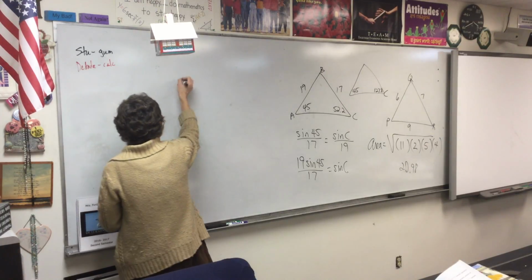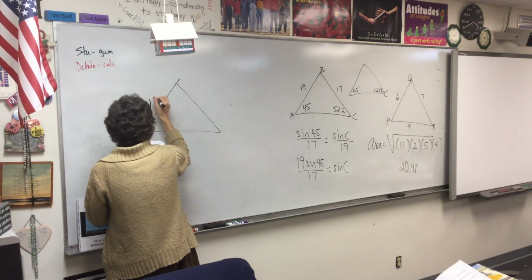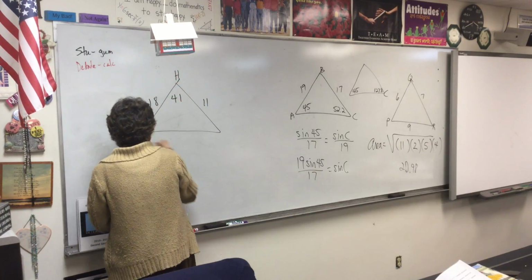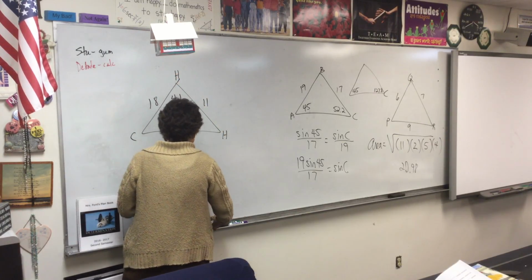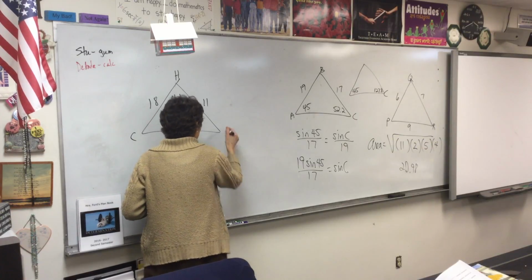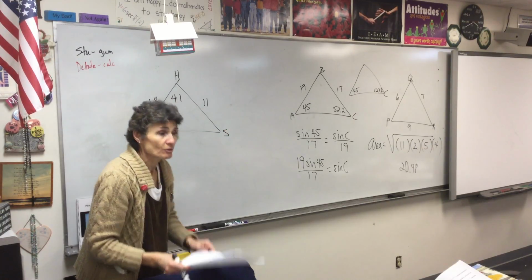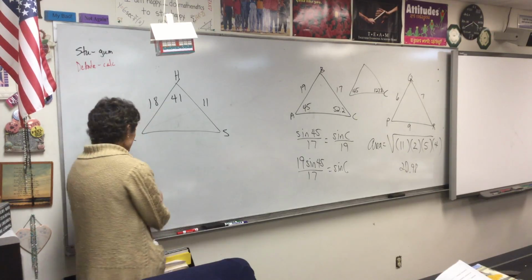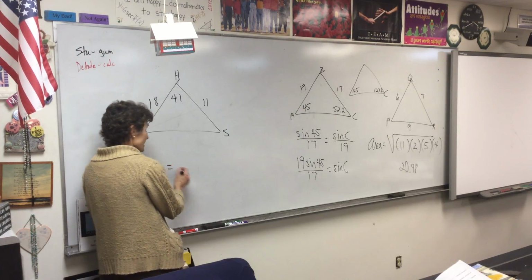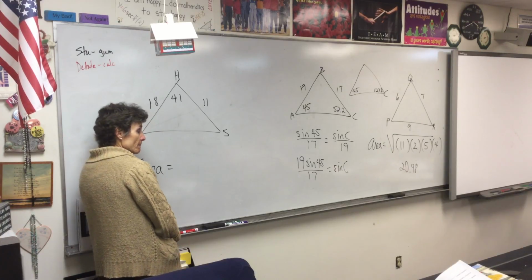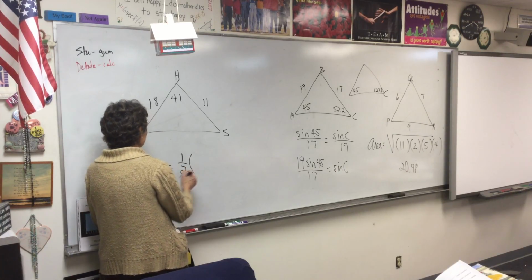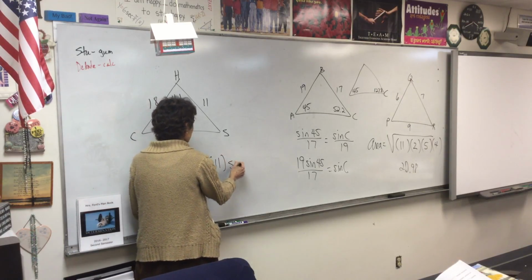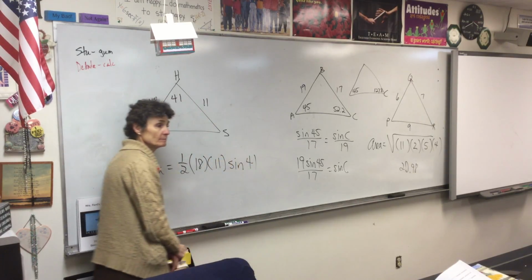All right, let's see what we got in problem B. We do not have side, side, side. All right, so tell me, we have another special little formula, don't we? It is called the 1/2 side, side, sine formula. So we have 1/2 times 18 times 11 times sine 41.